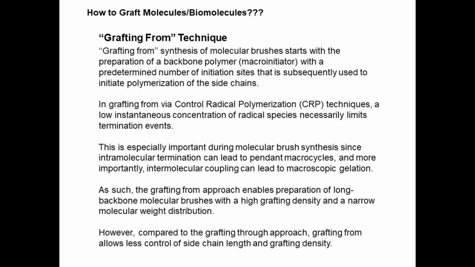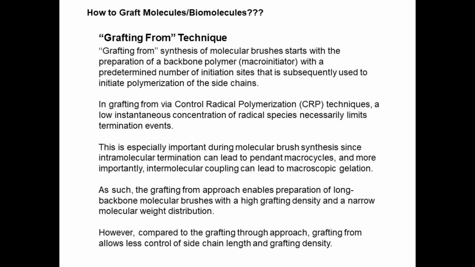You can graft from the backbone. In grafting from, via controlled radical polymerization technique, a low instantaneous concentration of radical species necessarily limits the termination events. So this is the advantage: you can limit the termination events, because intramolecular termination can lead to pendant macrocycles, and more importantly, intermolecular coupling can lead to macroscopic gelation.